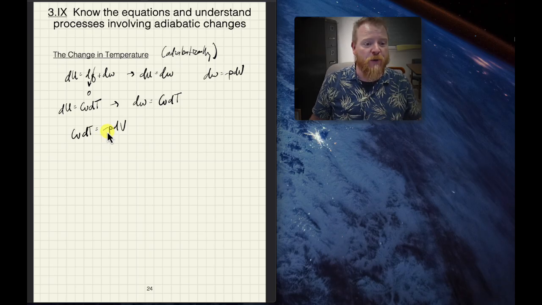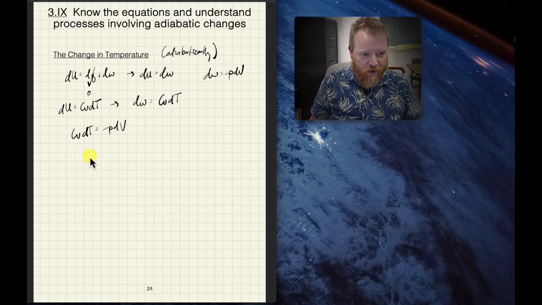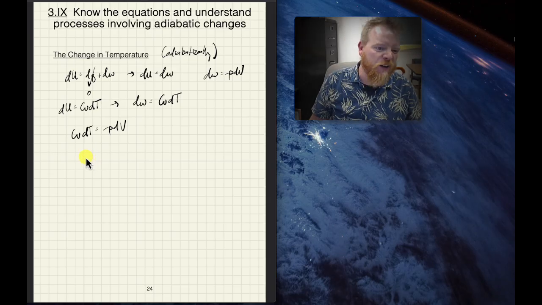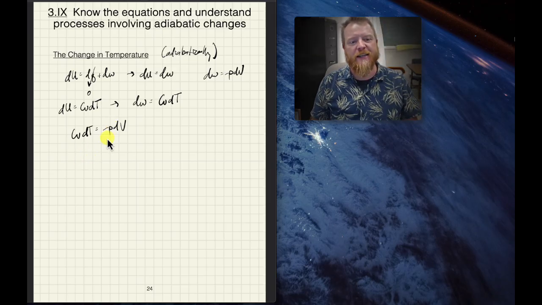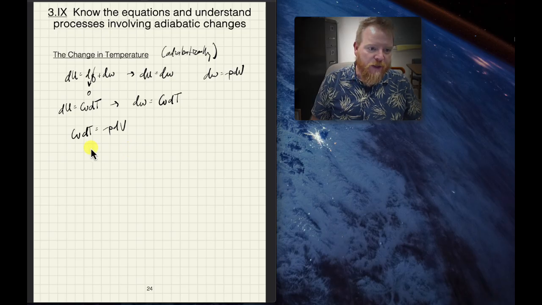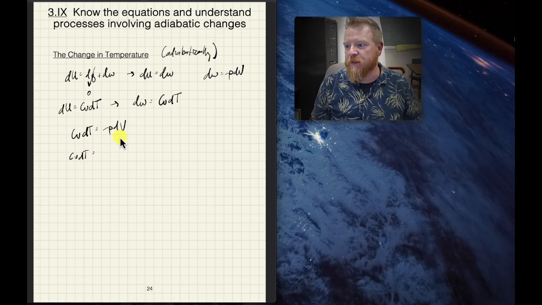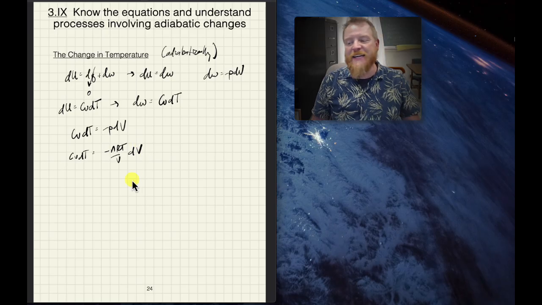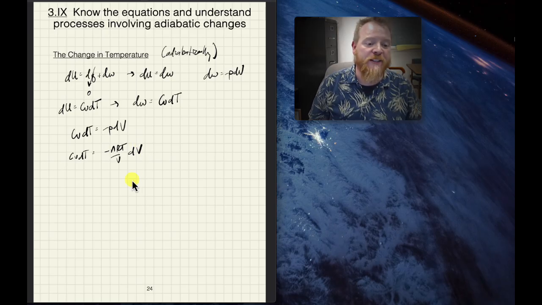We're not quite ready for divide and conquer yet, because we're recognizing here that this pressure change will be done reversibly as it depends on the ideal gas law. So we can make one more substitution. We can replace pressure with negative nRT over V dV, and now we are ready to divide and conquer.